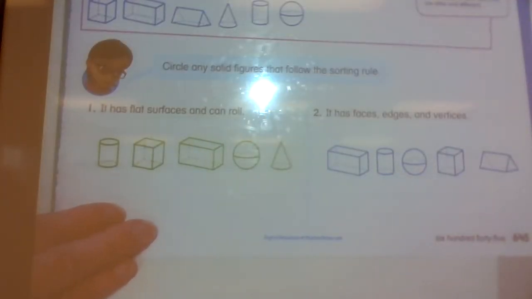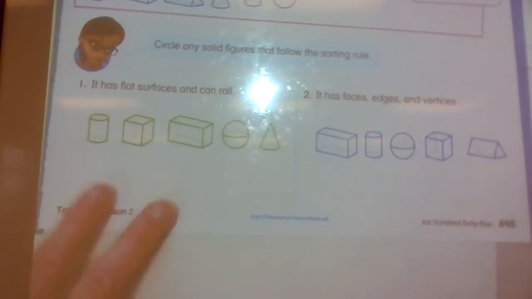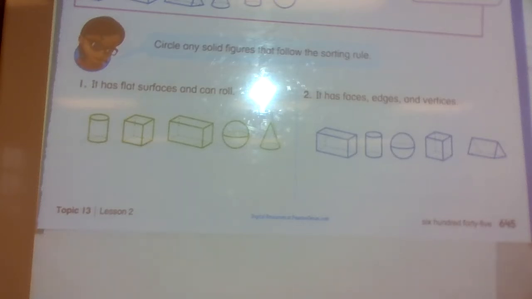All right, we're going to turn the page again. We're going to look at page 645, the bottom of 645. Okay, we have some sorting rules here, and I want us to look at these. It says it has flat surfaces and it can roll. So let's do process of elimination. Let's go through and do the first clue. Which ones have flat surfaces?